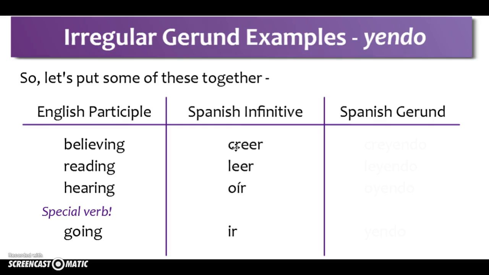And you saw a special verb pop up there at the bottom. We have the participle going, and the Spanish infinitive ir, I-R. So what are we going to do with these gerunds? Our orthographic change: creyendo, leyendo, oyendo, and the very special yendo, Y-E-N-D-O, is the Spanish gerund for ir.